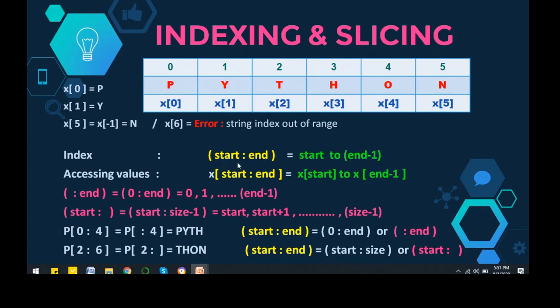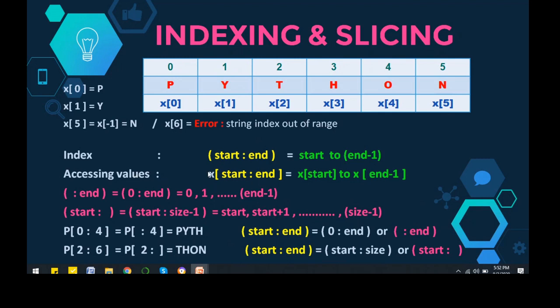For that I have to give the range, which starts somewhere and ends somewhere. So start will be included, then start plus 1 will be included, and in this way it will reach till end minus 1, because when an end limit is given in the square brackets, it is not included; it goes till n minus 1.